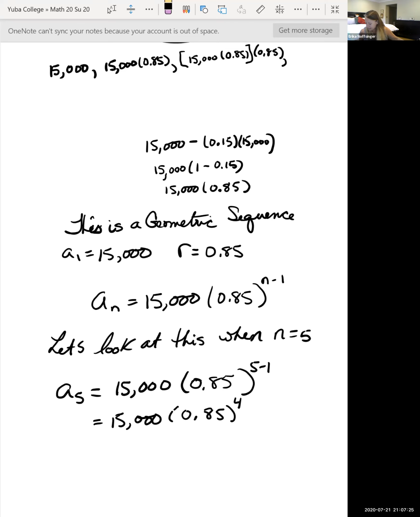You have to raise 0.85 to the exponent before you can do multiplication. So 0.85 to the 4th times my 15,000.